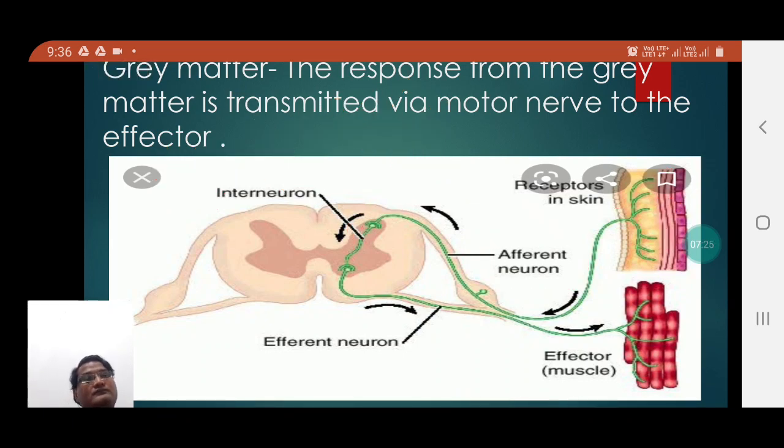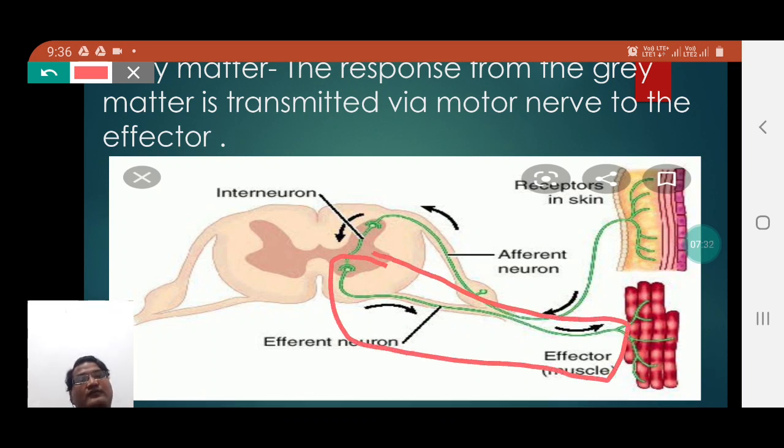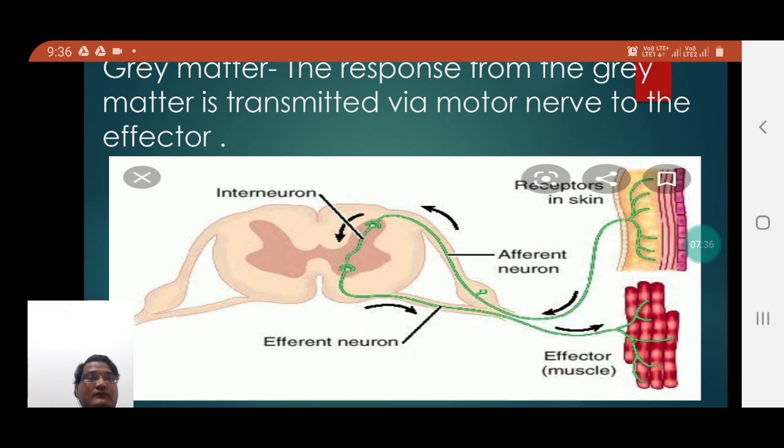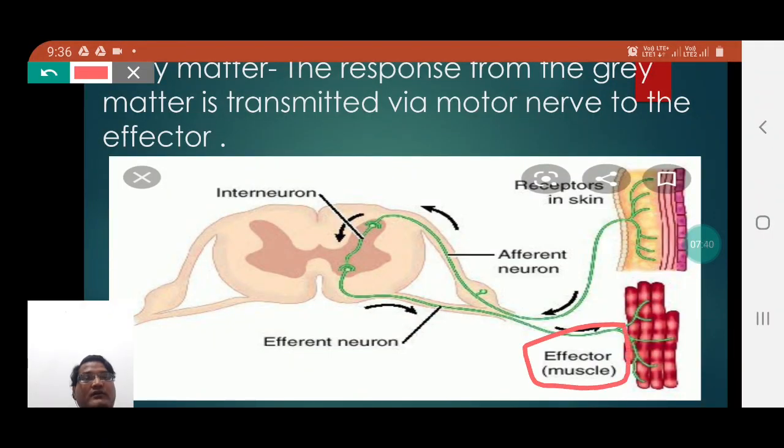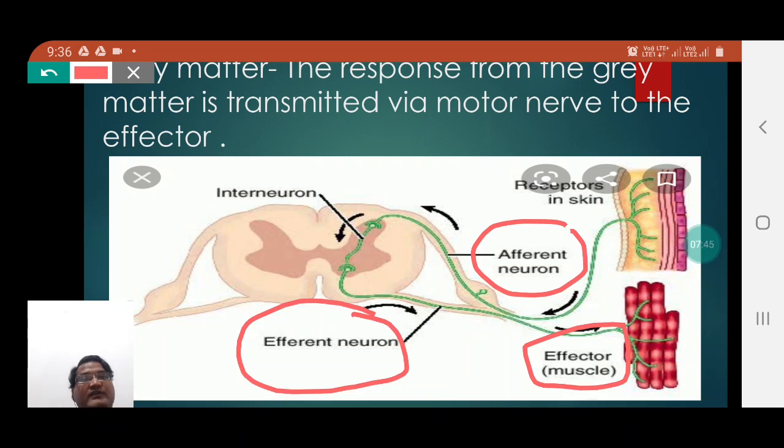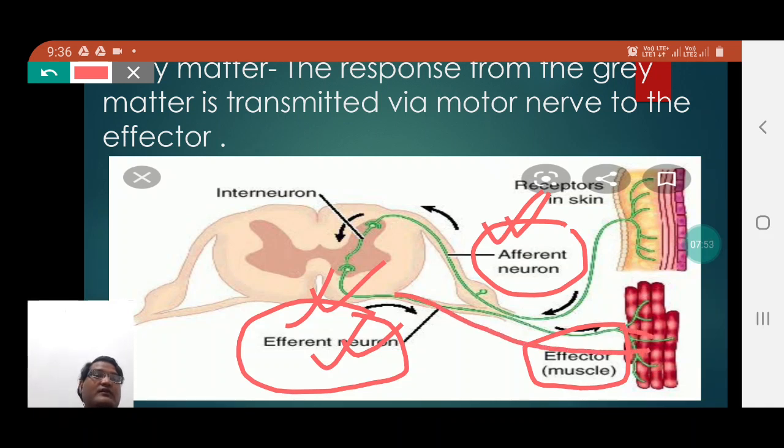And the grey matter will transmit the response to the effector via the efferent neuron. So here there is the afferent neuron and here there is the efferent neuron. This is the sensory nerve and this is the motor nerve, and this response will be transmitted to the muscles, that is the effector.